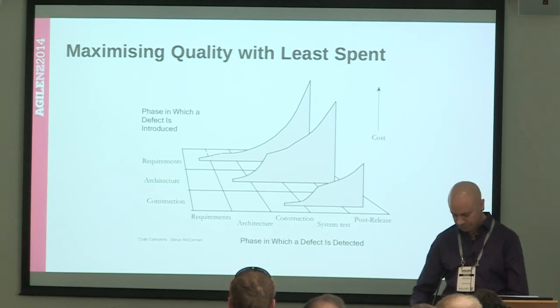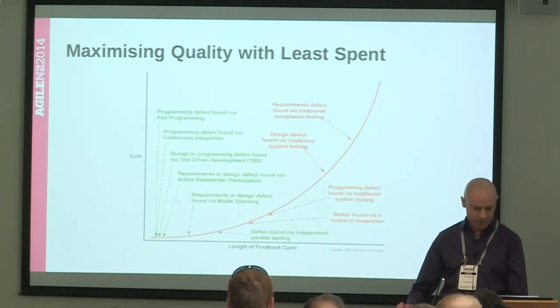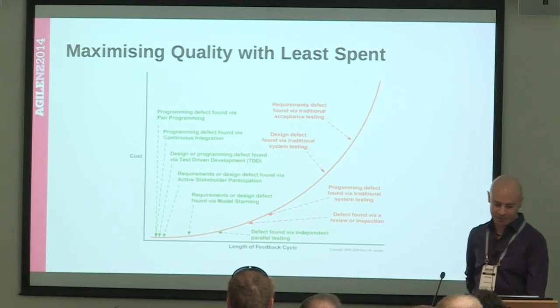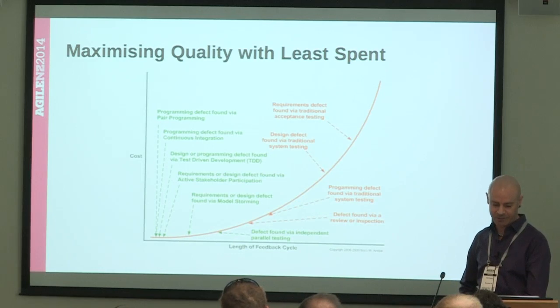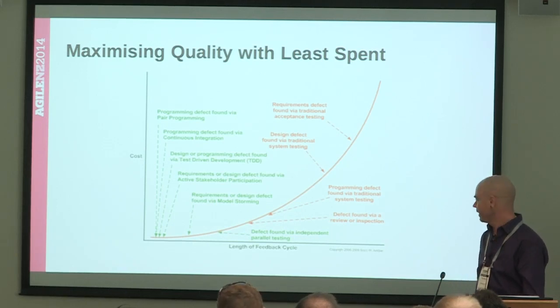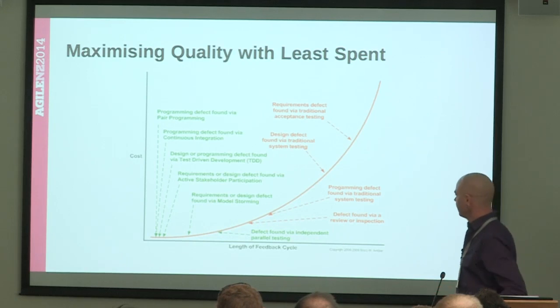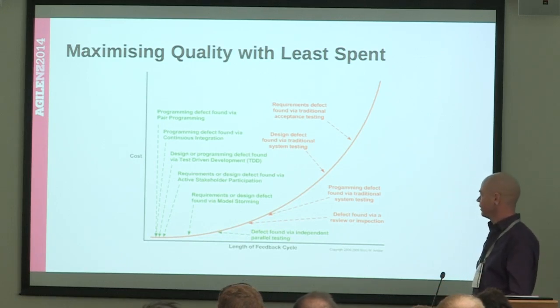And this image here is an image from Scott Ambler. I've used it a few times. It really illustrates getting the practices and processes that are really going to save you a lot of money up front. So you've got the likes of pair programming there, continuous integration, TDD, and model storming, which we generally do, like in our test condition workshop and that sort of thing.